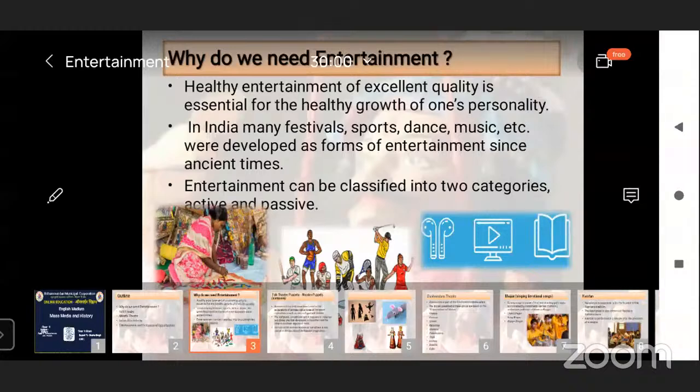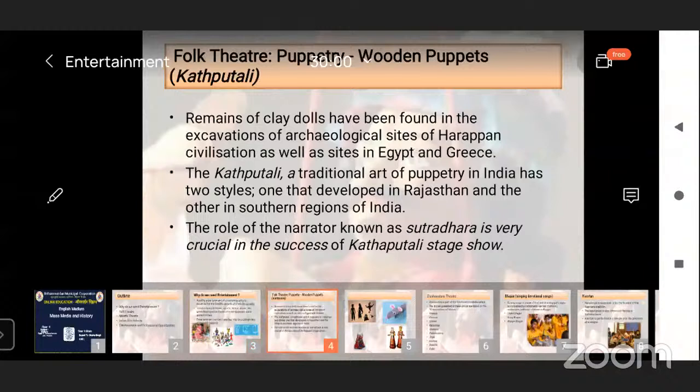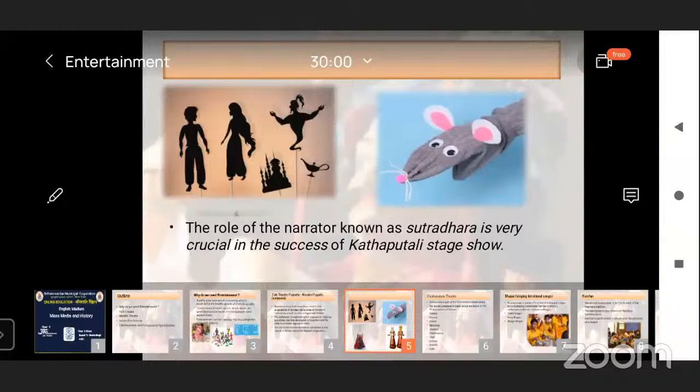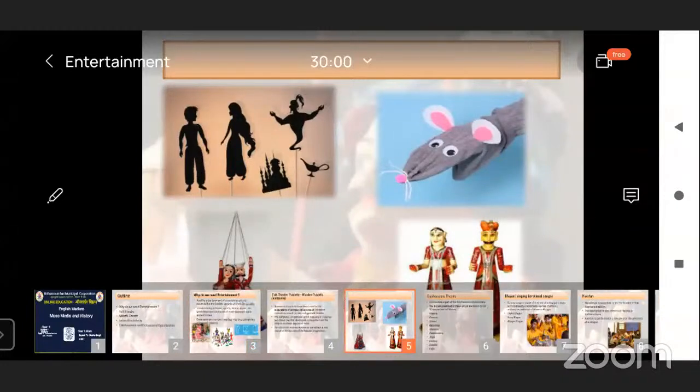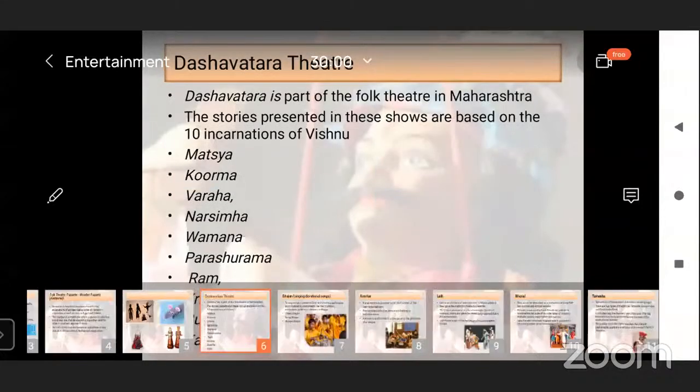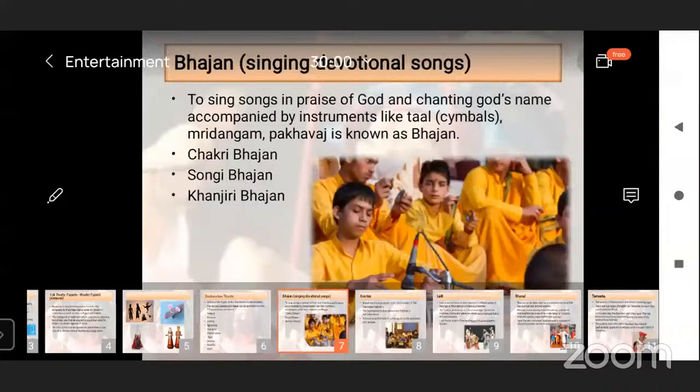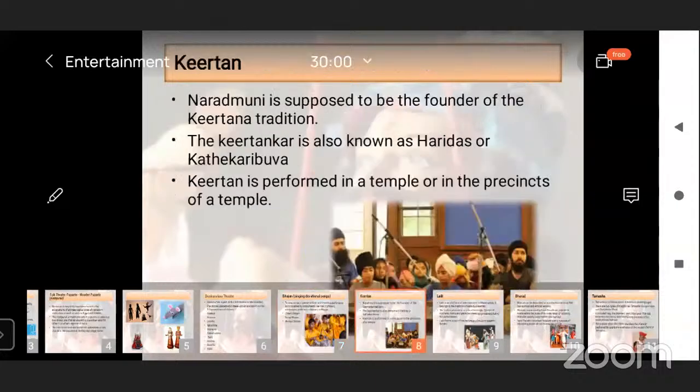Yes, we completed that. Then we have seen the folk theater. Folk theater, that is puppetry, which is also known as Katputli. We have seen the 4 types of Katputli. Then we studied the concept of Dashavatara theater. Then we completed bhajan. There are 3 types of bhajan: Chakri bhajan, Tungi bhajan, then Khanjiri bhajan, yes, then Kirtan.